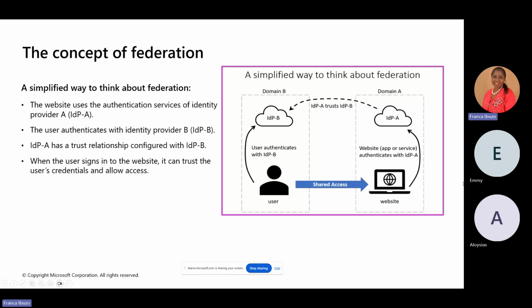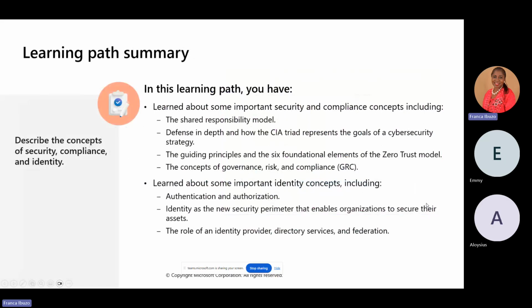Are we following? This is an example of shared access, because identity provider A trusts B. So you can use the same sign-up to access domain A and B. So that's federation for you. Let's look at the summary.